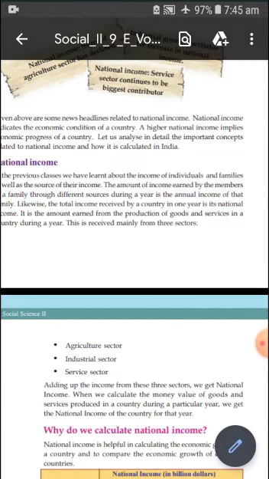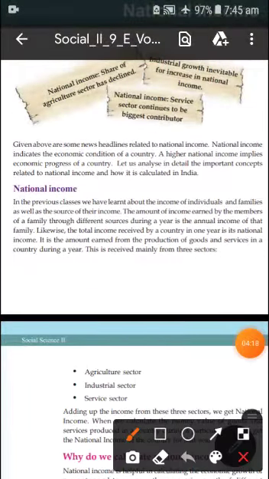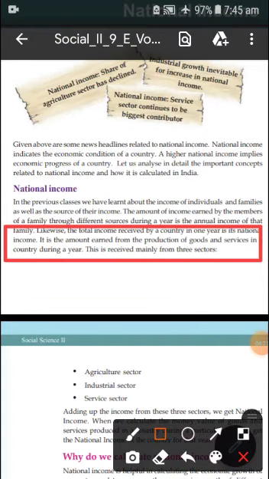Total income received by a country in 1 year is its national income. It is the amount earned from the production of goods and services in a country.